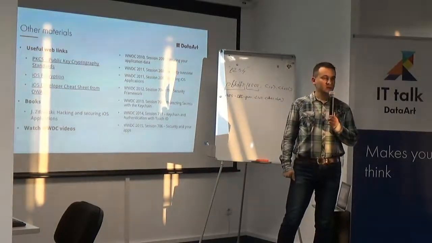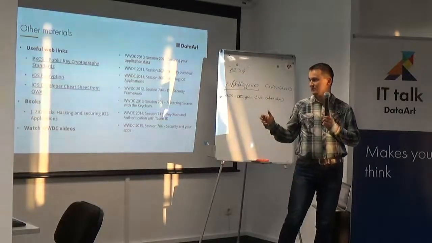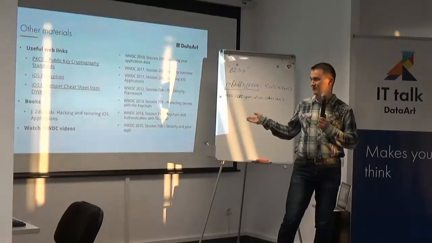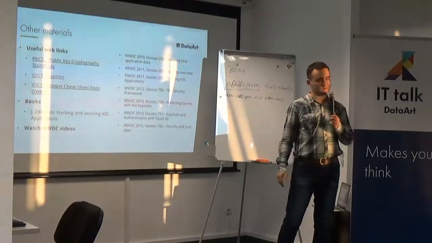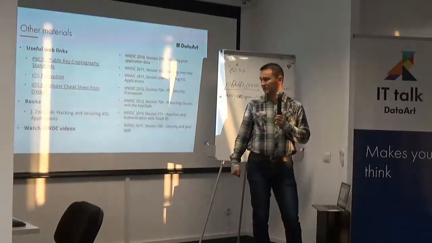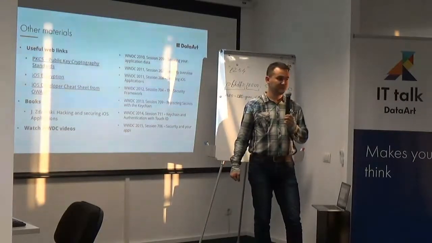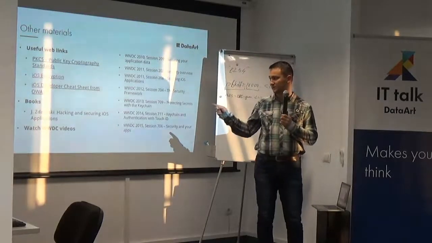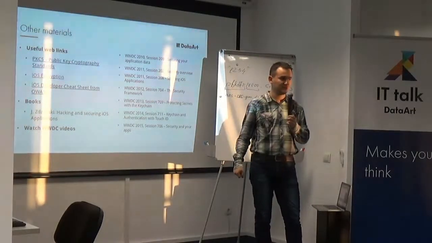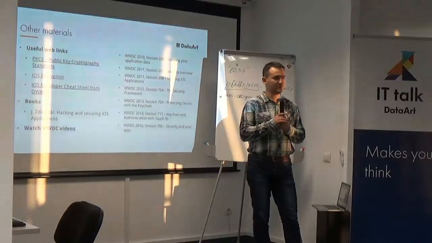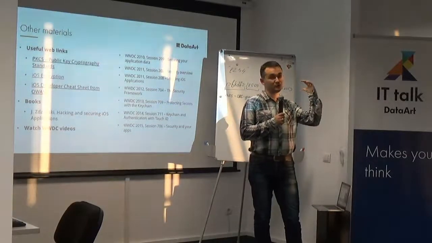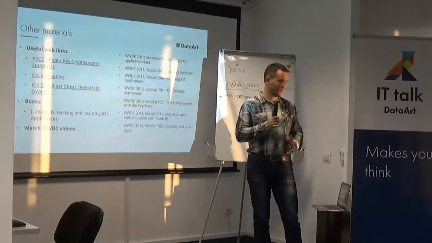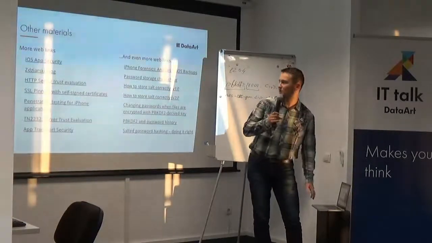There are some links like iOS encryption, iOS developer cheat sheet on OWASP portal project, link to public key cryptography standards, and well, I think that the best source, even this might look a bit outdated, is Jonathan Zdziarski's book, Hacking and Securing iOS Applications. The first part of this book is dedicated to how to crack the applications, while the second says how to protect from being cracked.